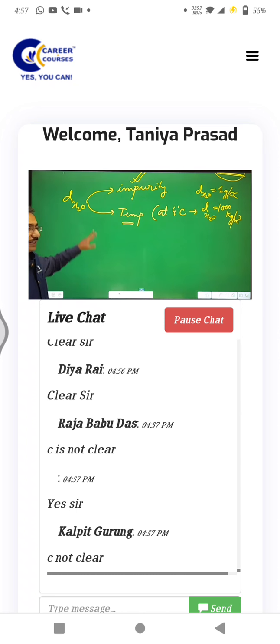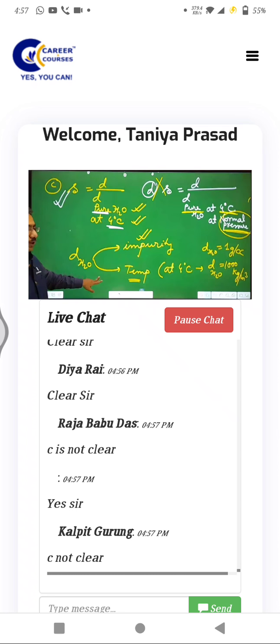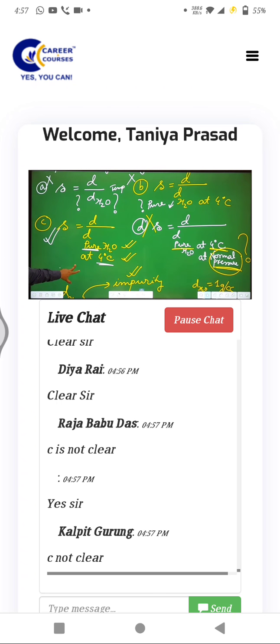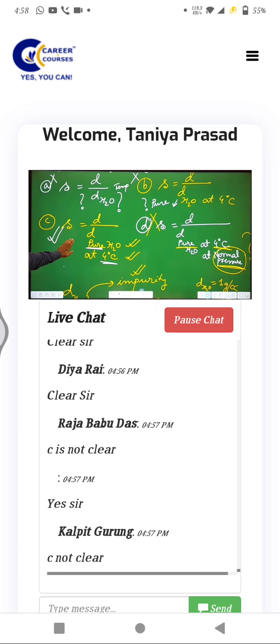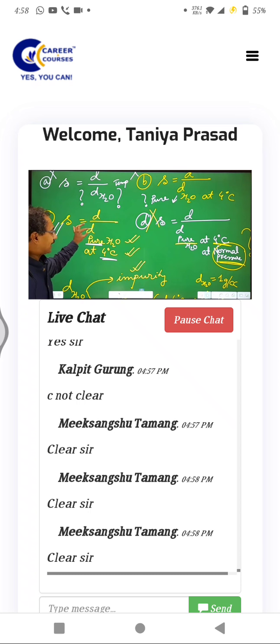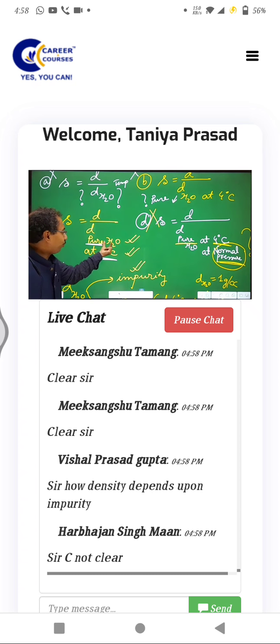Raja Babu Das told C is not clear. In option C, it is given that the specific gravity is the ratio of density of the material and density of pure water at 4 degrees Celsius.